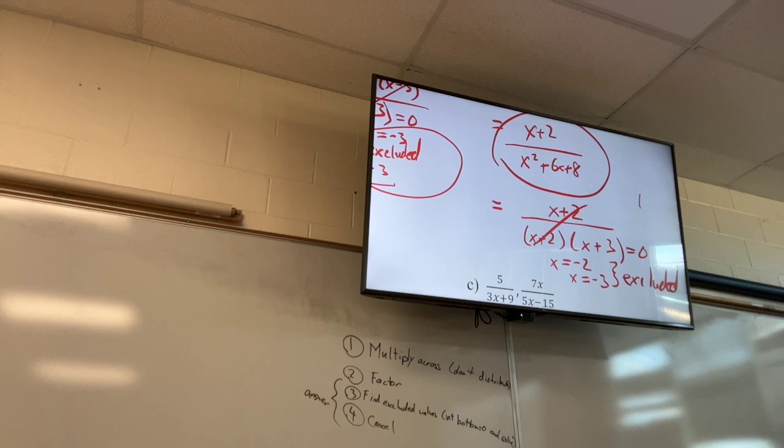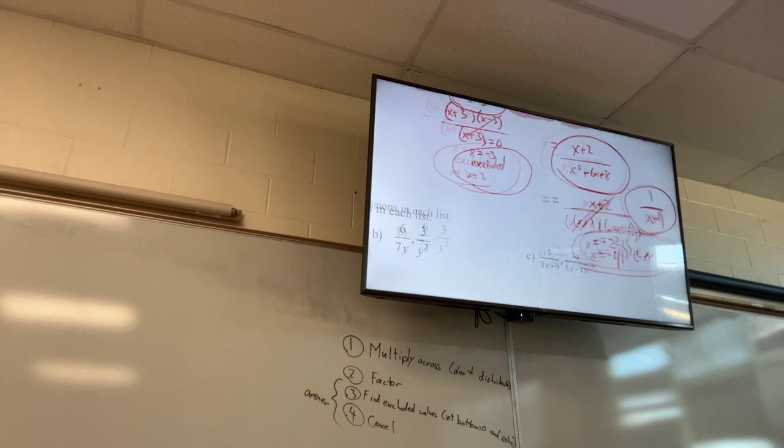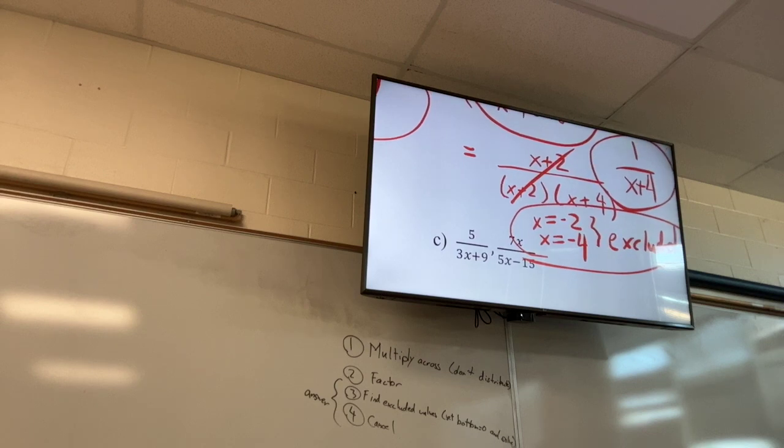Sorry, that's 4 and 2. I did it on purpose, just trying to make sure we stay on our feet. So it's 1 over x plus 4. Making sure we're awake. I'll take either of those, but if the directions did say to simplify, you need to put in the second one.